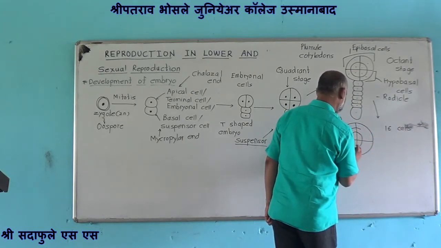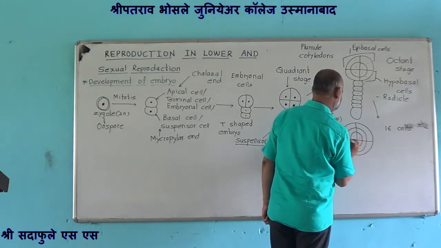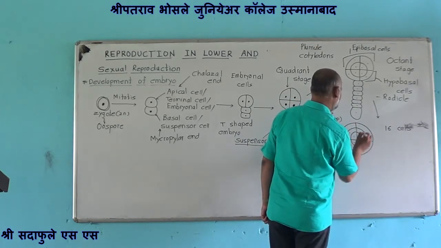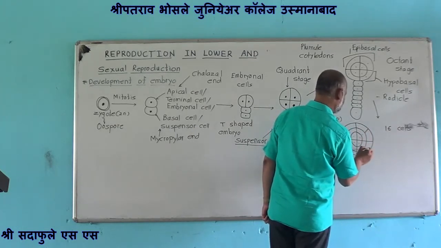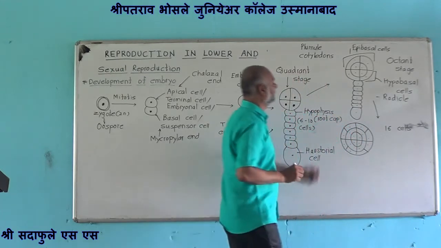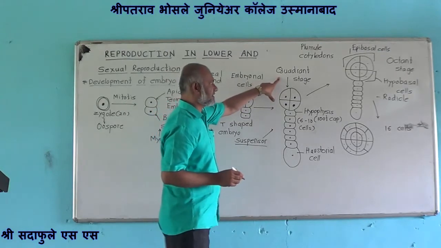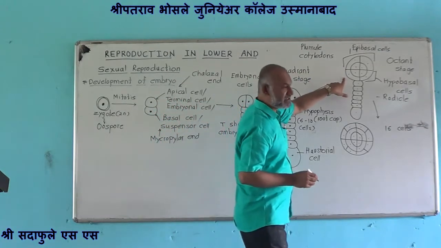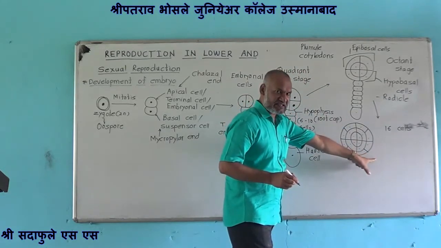These 4 and these 8. 4 cells quadrant stage, 8 cells octant stage, 16 cells.